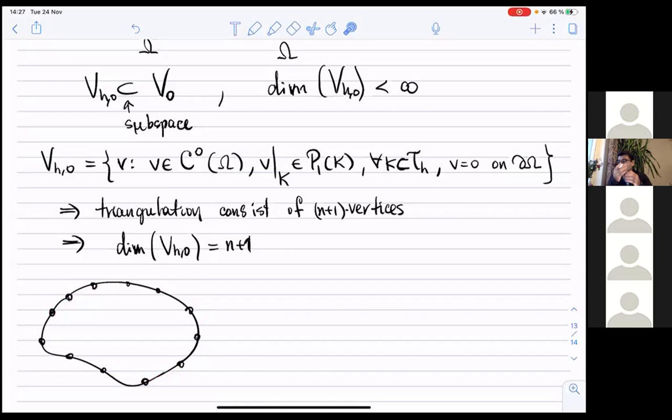What is the basis of the space? The basis of the space is linearly independent basis functions whose linear combination gives every element of the space. But since we know the solution on the boundary, we don't need to take a test function on the boundary. It's just 0. Based on this, the dimension will be a bit different, so I have to introduce a different notation here. Let me see if I have it on my notes.